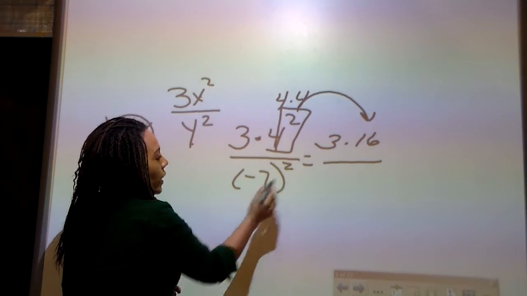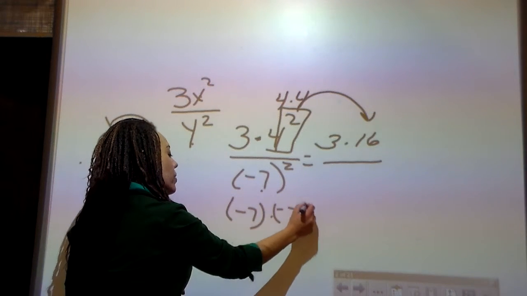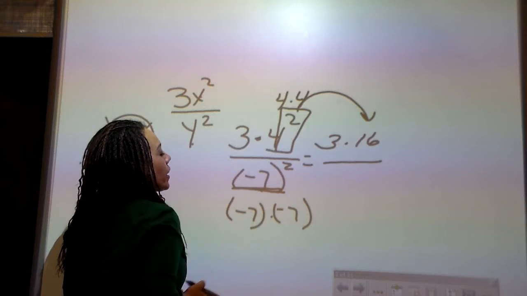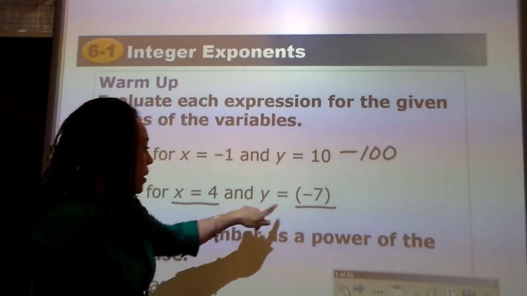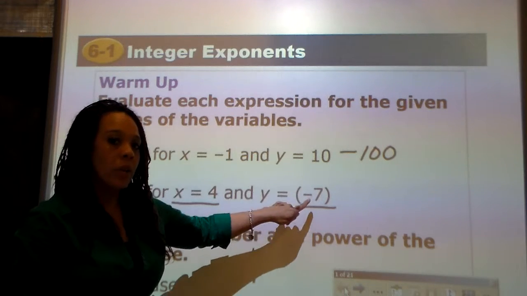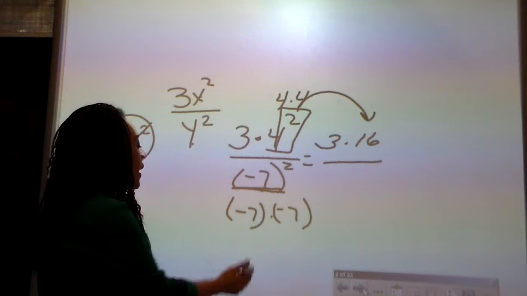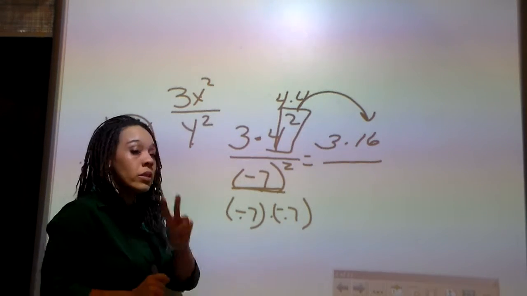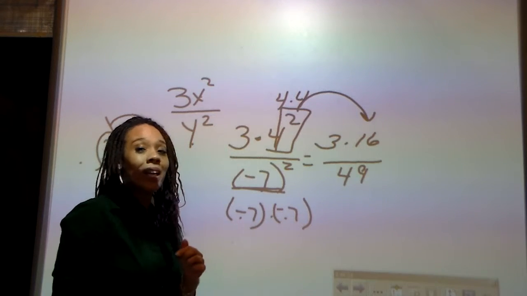Over, well here, -7 squared is -7 times -7. I'm using this entire thing, including the parentheses, because that's how the problem presented it to me. And I want to make sure that I'm always recording it the way the problem presented it to me. -7 times -7, well, 2 negatives is a positive, and 7 times 7 is 49.